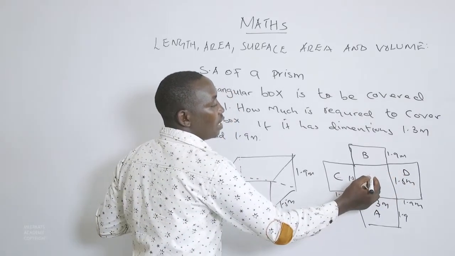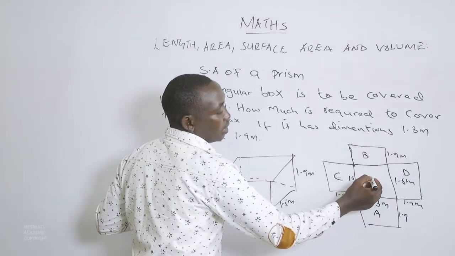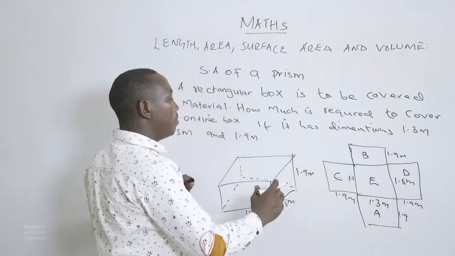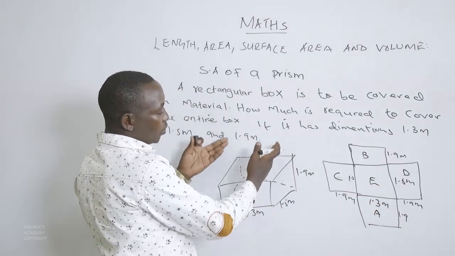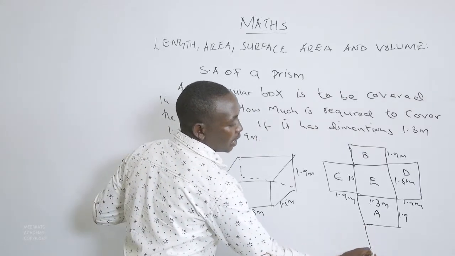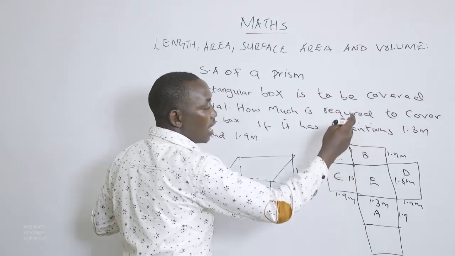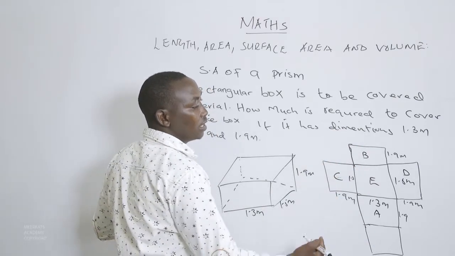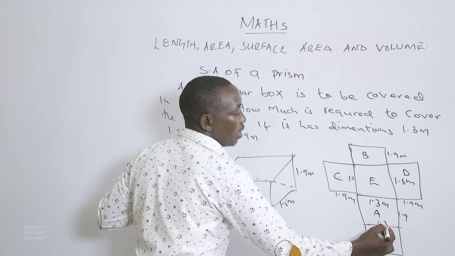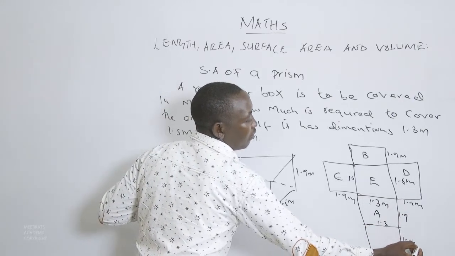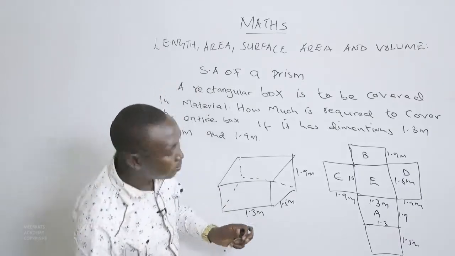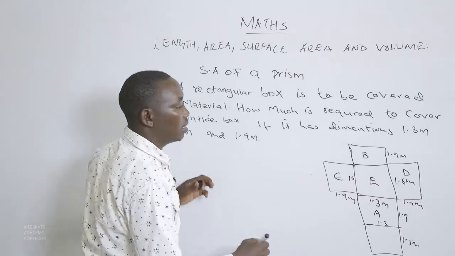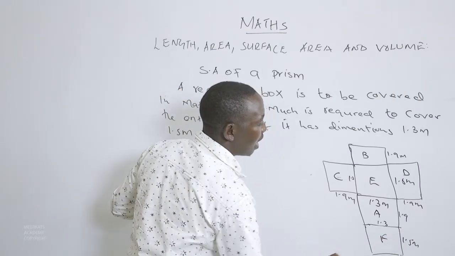Then we have the bottom part, which is going to be E. Now the bottom will also be equal to this top part, which can be extended in either direction, and it's going to bear the same measurement of 1.3 by 1.5 meters. So let me call it F.